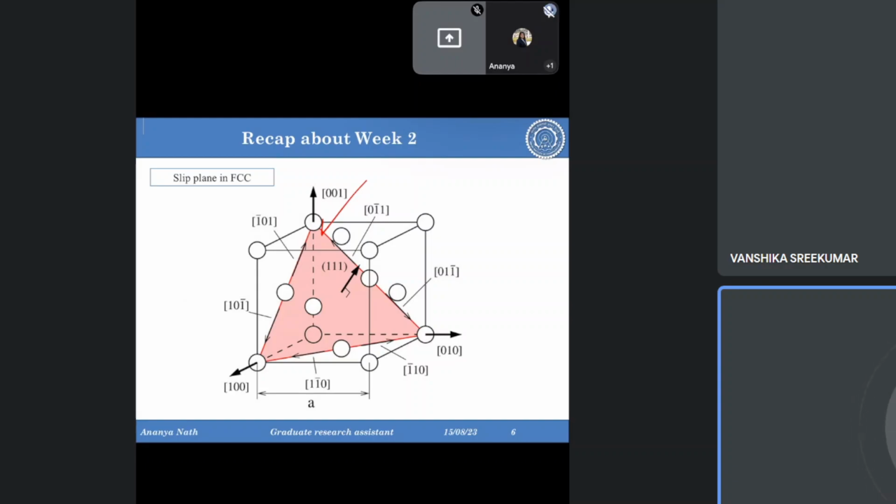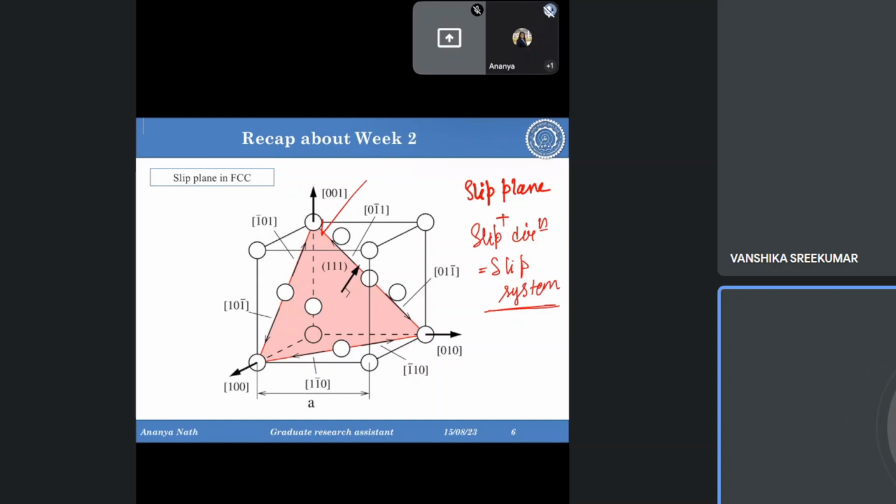And this slip plane will have a direction in which it allows the dislocations to move, and that direction is called the slip direction. The slip plane plus the slip direction makes the slip system, which is very important.